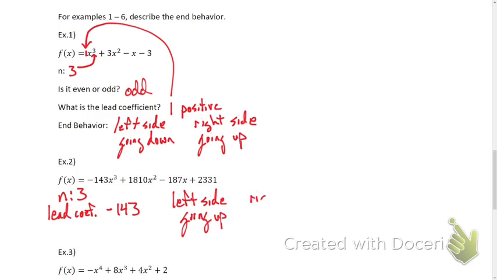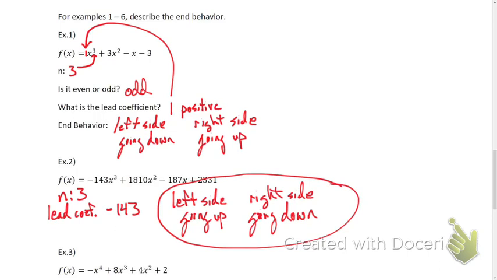And on the right side it's going down. I hope that makes sense. Maybe try out number 3 at the bottom of the screen. Write down the degree, the lead coefficient, and the end behavior. This is your answer. This is what I'm grading. All right? So number 3.